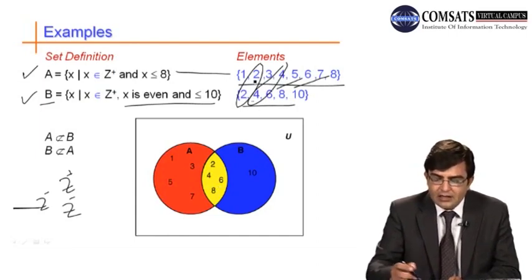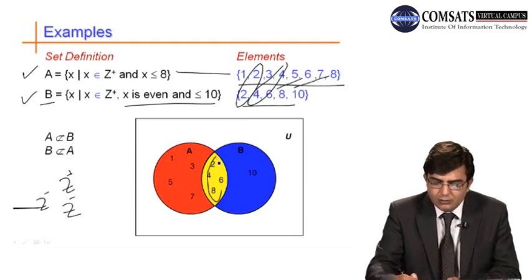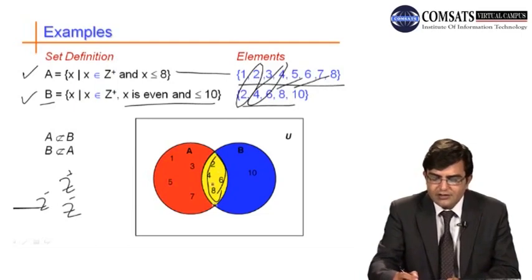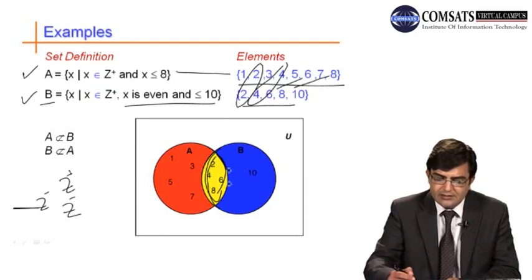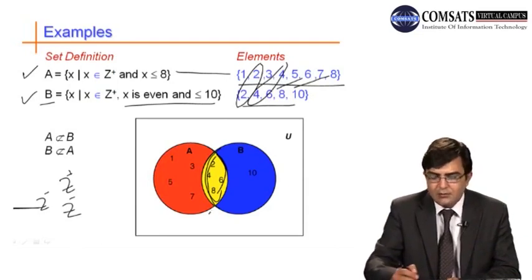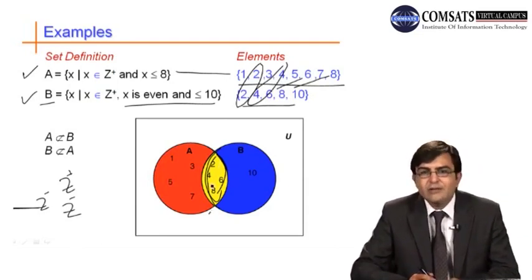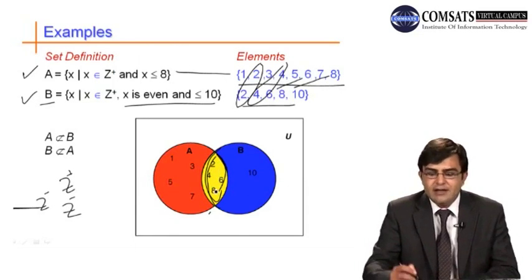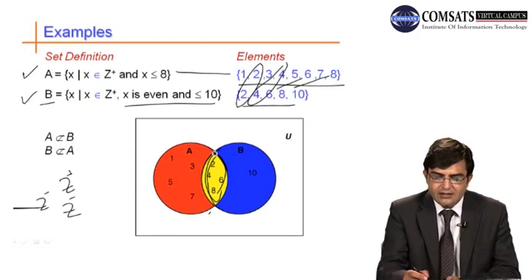The common elements 2, 4, 6, 8 come in this common region, because it is in B and also in A. The elements which are not common come in the region which is not common to both sets.